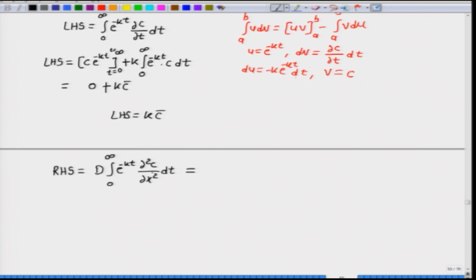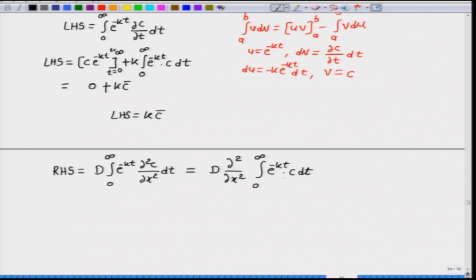So, we can take it inside the differential, and then we can change the order of differentiation and integration, which would yield D times ∂²/∂x² of integral 0 to infinity e to power minus kt times c dt.